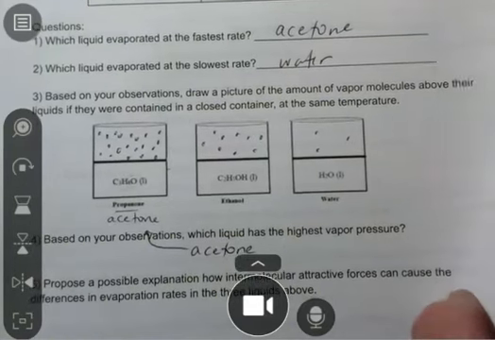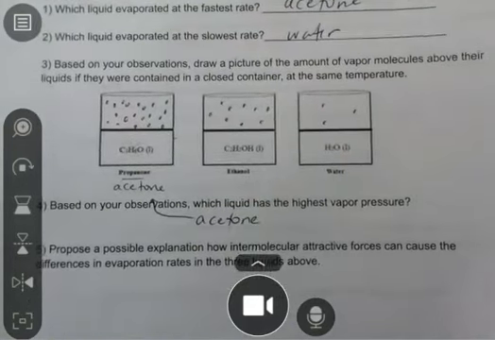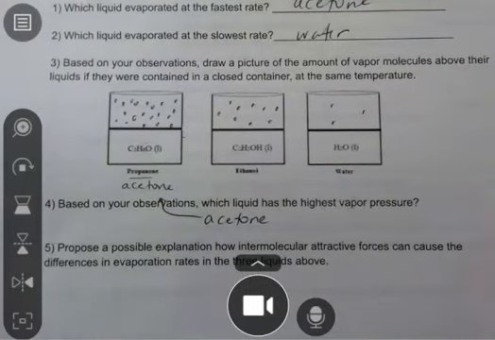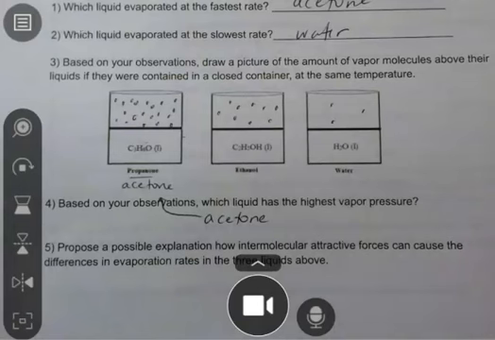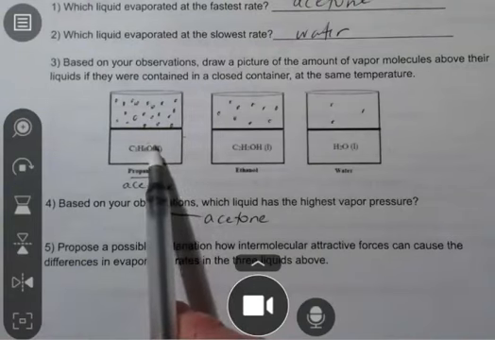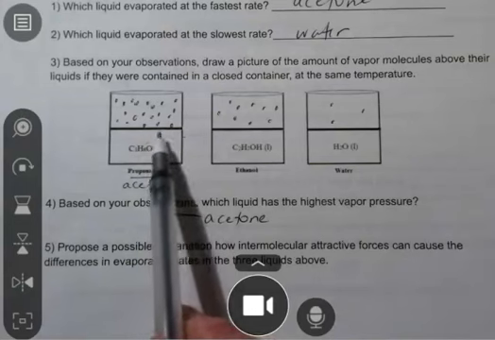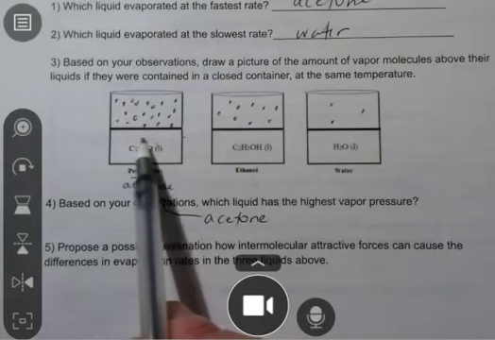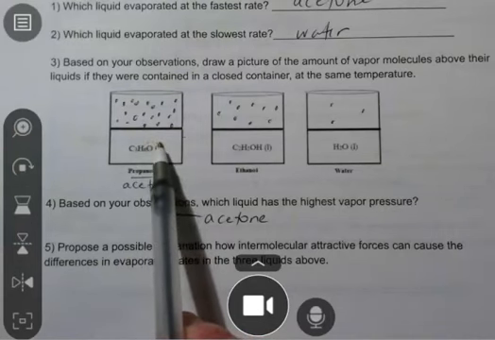So, proposing a possible explanation for how intermolecular attractive forces can cause differences in evaporation rates in the three liquids above: well, if acetone evaporates really easily, it must be that these particles are not attracted to each other very much in the liquid state.